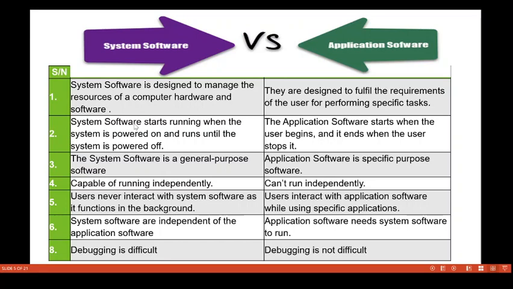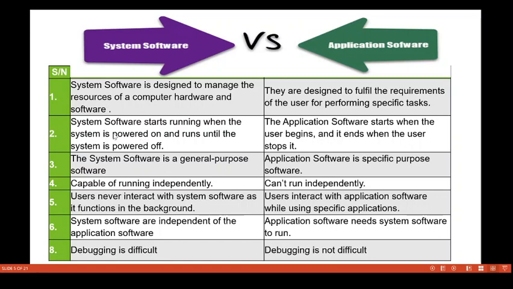The second one is that system software starts running when the system is powered on and runs until the system is powered down. While application software starts when the user begins, and it ends when the user stops it. This means if you launch Microsoft Word or Access or any application software, then from the time you begin to use the software, it will stop when you close that application.